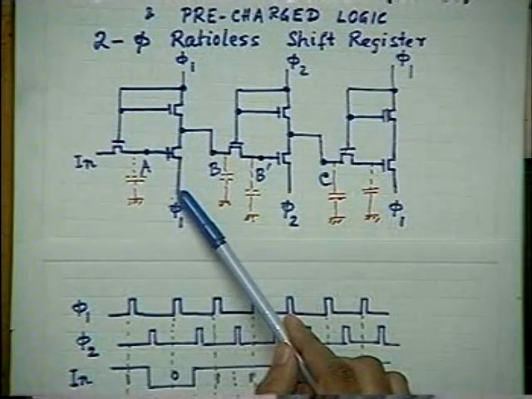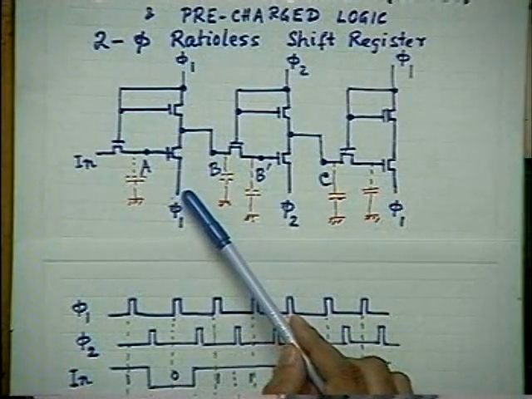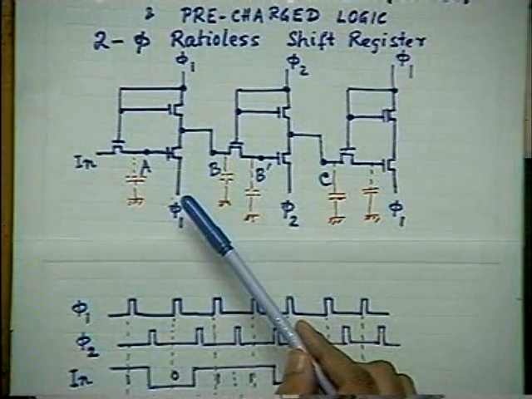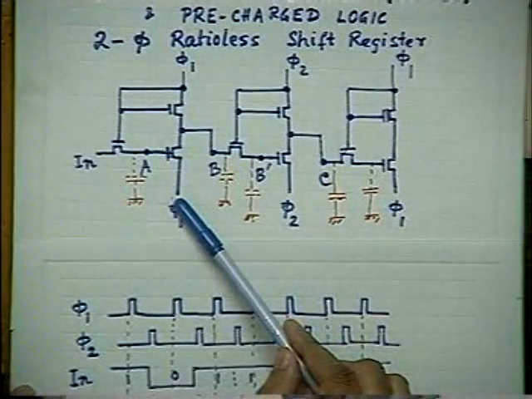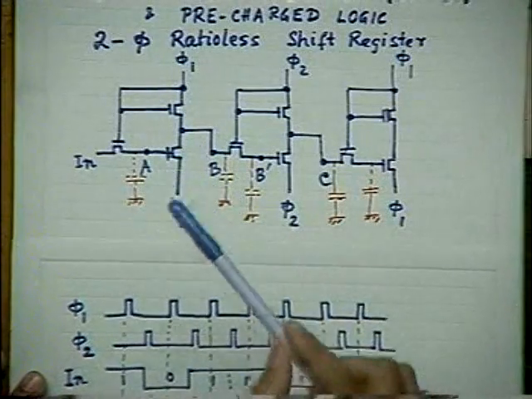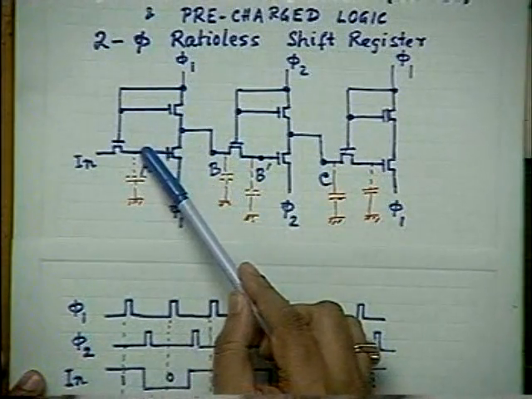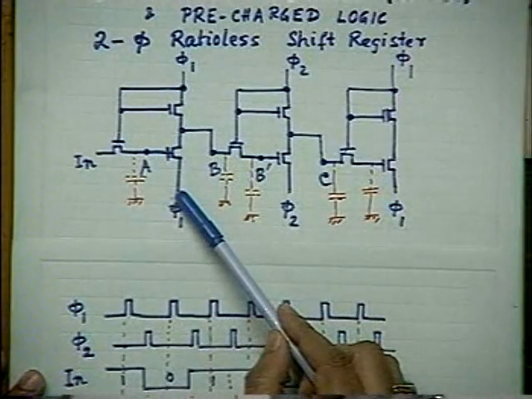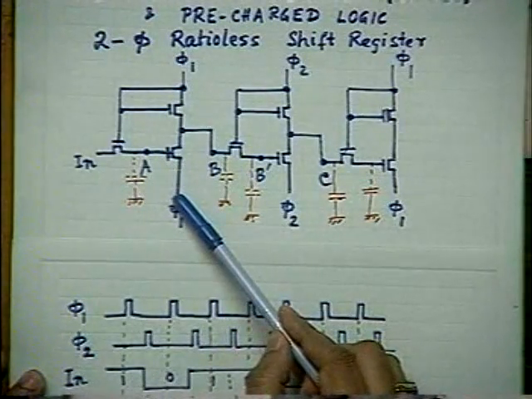There is no negative voltage anywhere. All the voltages are changing from 0 volt to 5 volt. So this transistor will be on when A is high, whether phi 1 is 0 or 1.